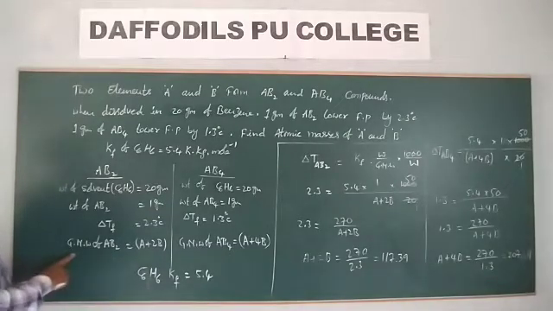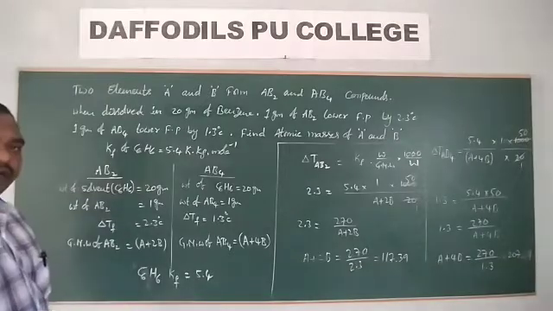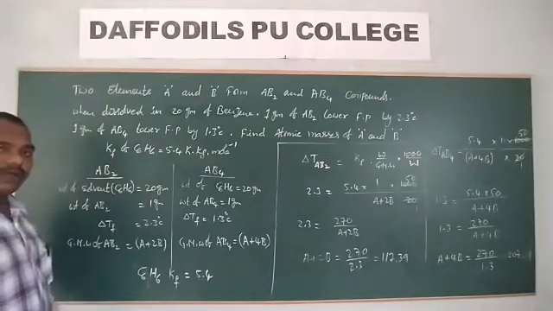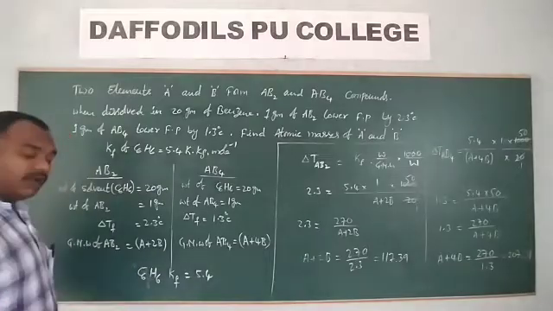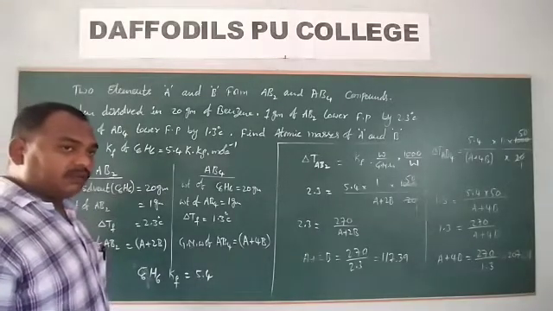Next data I am writing is the gram molecular weight of AB2. How will you get the gram molecular weight? Gram molecular weight is the sum of atomic weights.